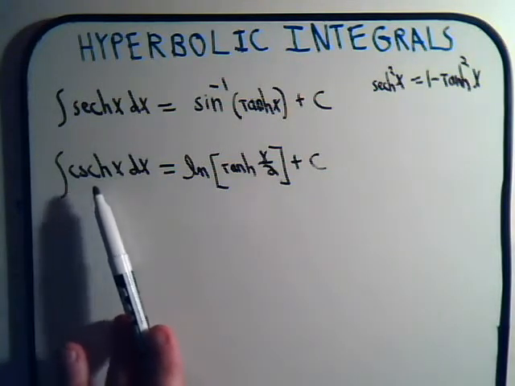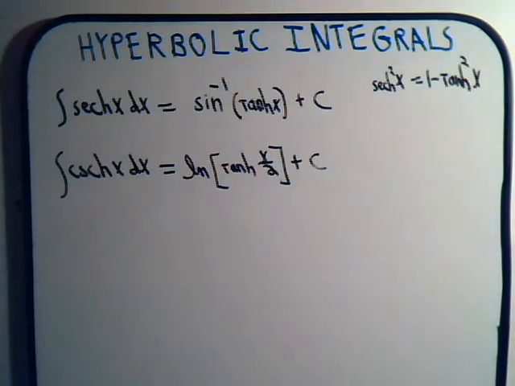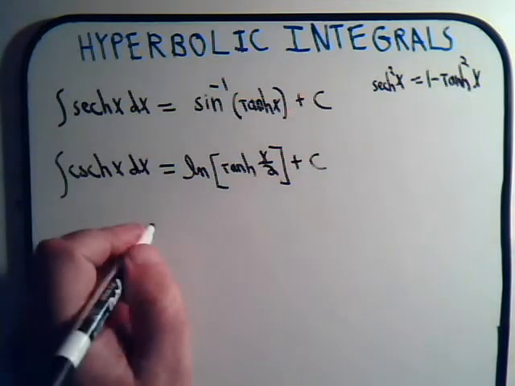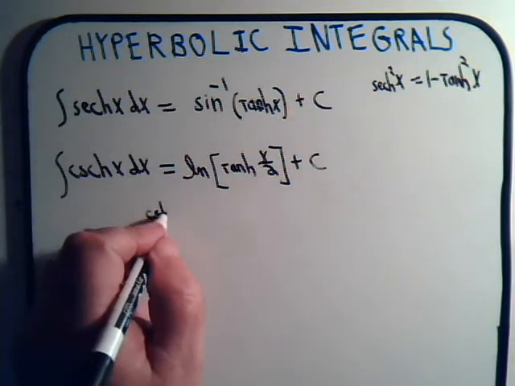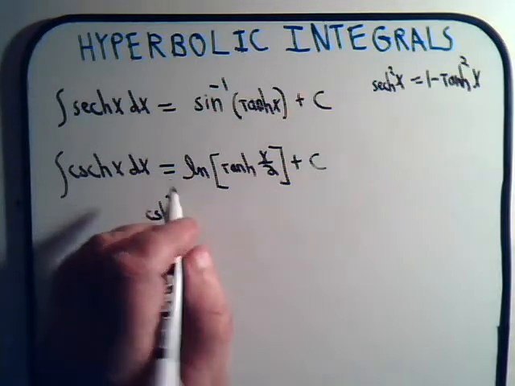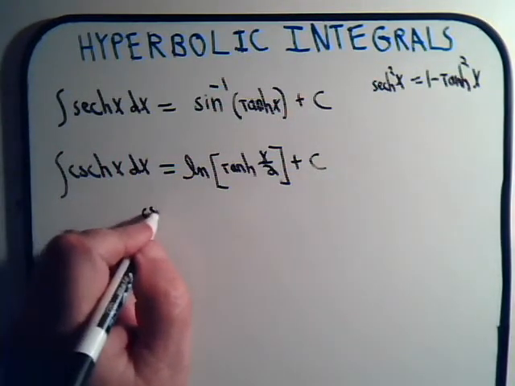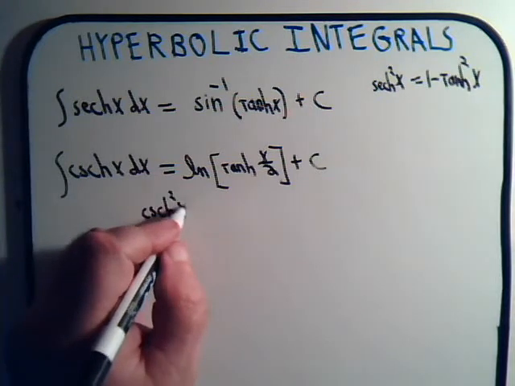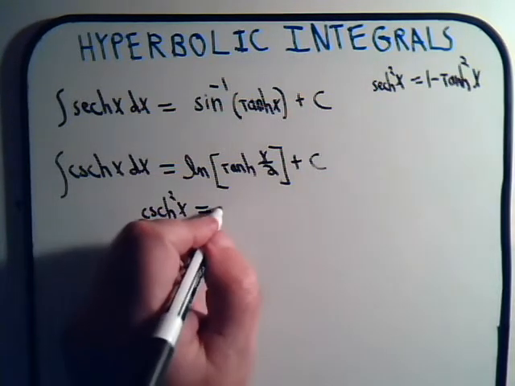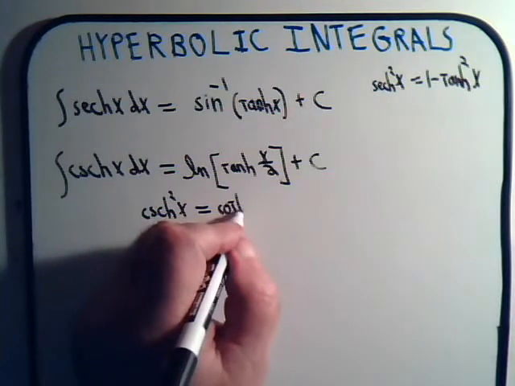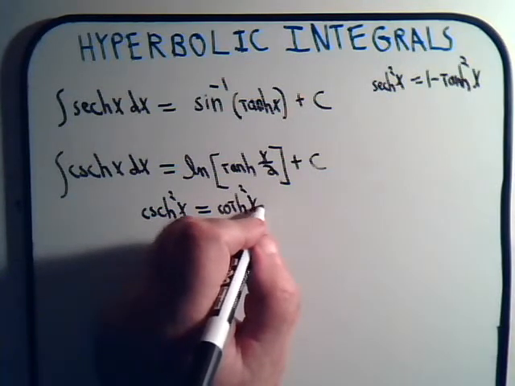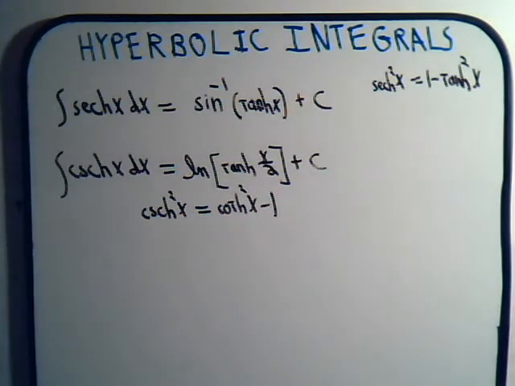But there's also a hyperbolic identity that comes into play, because the hyperbolic cosecant squared of x is equal to the hyperbolic cotangent squared of x minus 1.